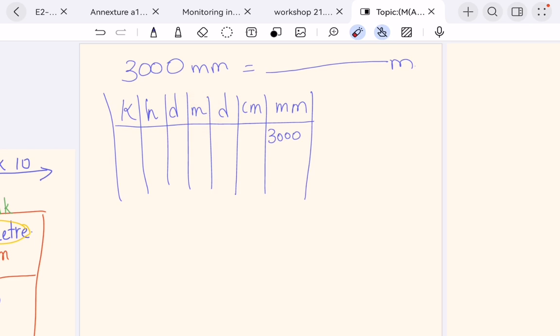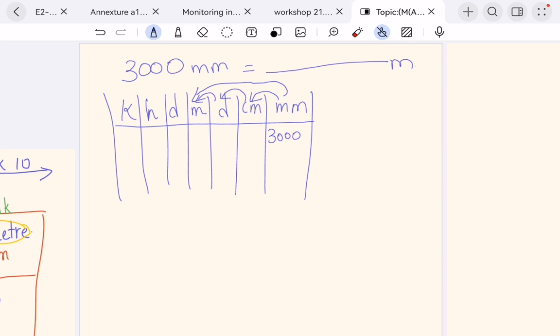So I am now moving from this column here to that column here, and let's see how many times I need to move. To do so, I have to move from millimeters to centimeters to decimeters and then to meters.